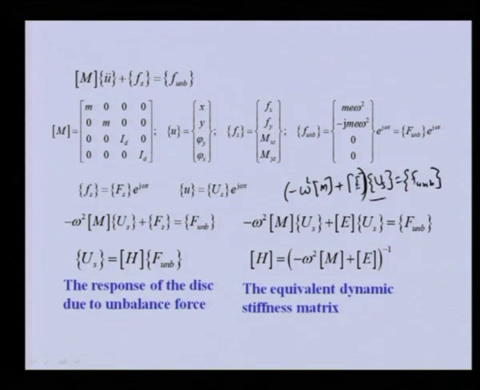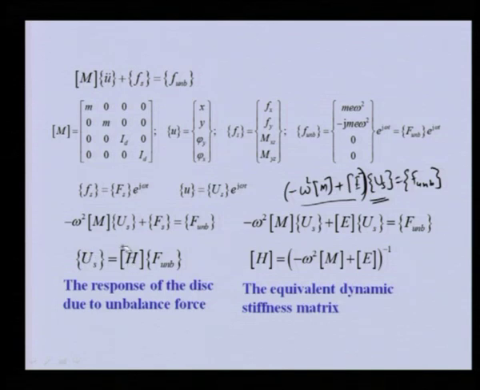To get Us we need to invert this matrix, which we have done here. H is the inverse of this matrix. So Us is the displacement at this location due to the unbalanced force, and that is the equation we need, because the unbalanced force is known and we want the displacement of the disk.